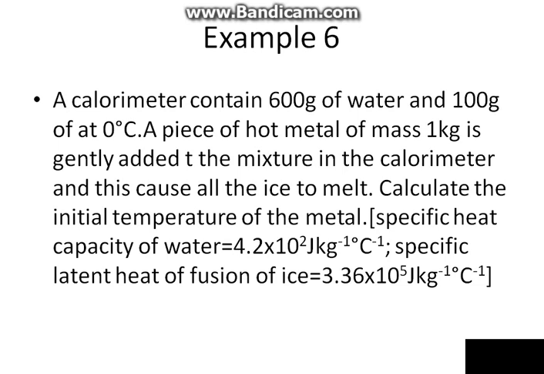Calculate the initial temperature of the metal, taking the specific heat capacity of water equals to 4.2 times 10 raised to power 2 joule per kilogram per Celsius. Specific latent heat of fusion of ice equal to 3.36 times 10 raised to power 5 joule per kilogram. Solution.